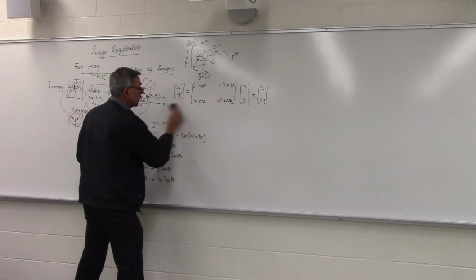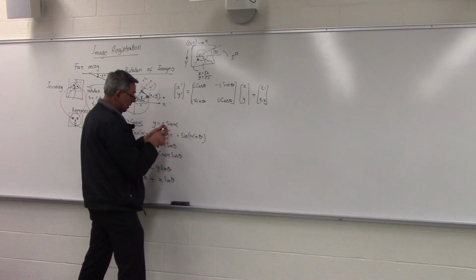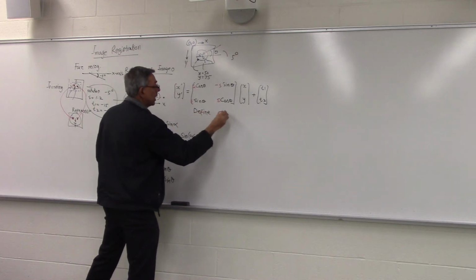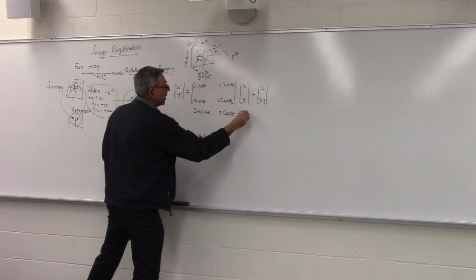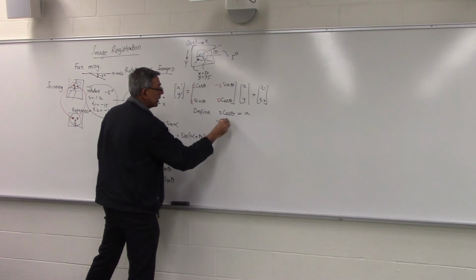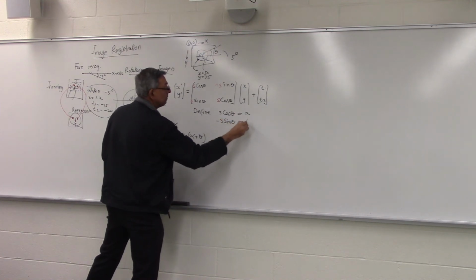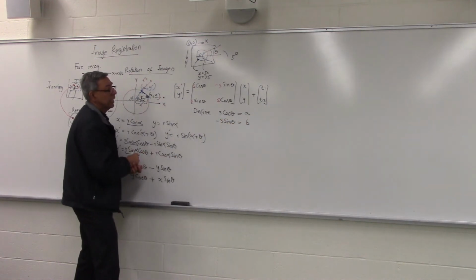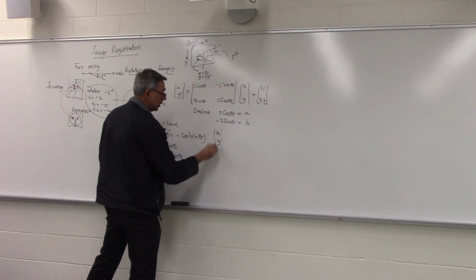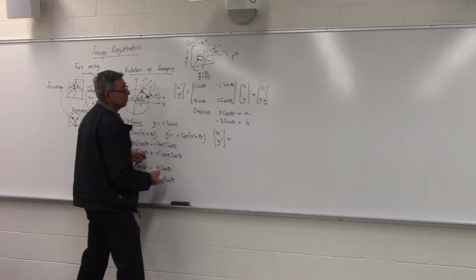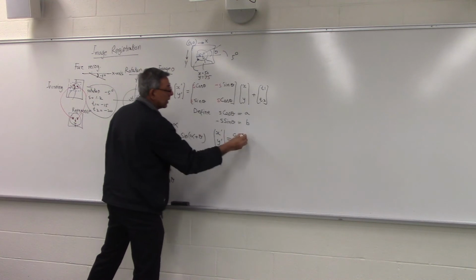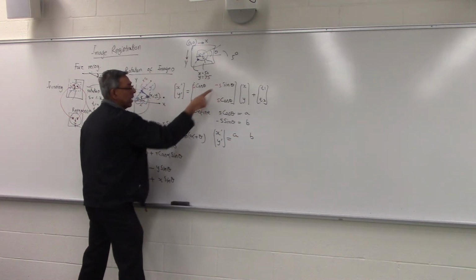What we'll do is define S cosine theta to be some variable A, and define minus S sine theta to be some variable B. If I do that, then what happens to this equation? X prime, Y prime becomes A, B, and how are these two related?